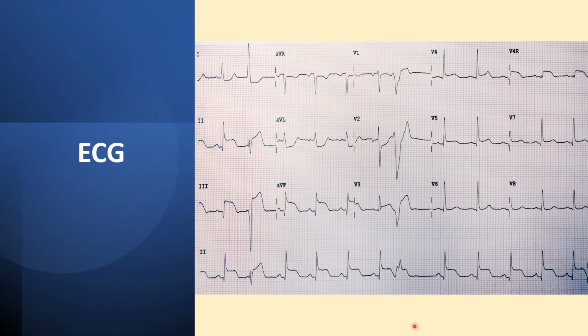Let's look at this ECG again. Focusing on ST elevation, there are 3 to 4 mm ST elevations in leads 2, 3, and AVF, suggesting inferior wall MI. There is ST segment depression in leads 1 and AVL. These are reciprocal changes.